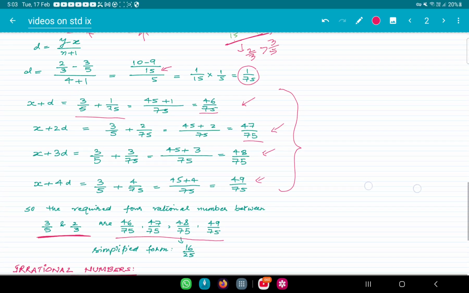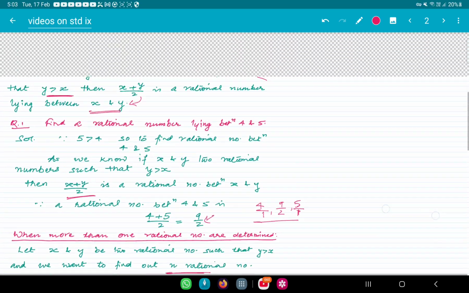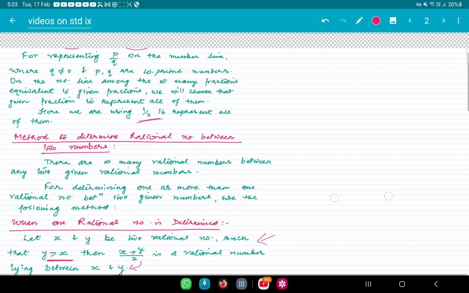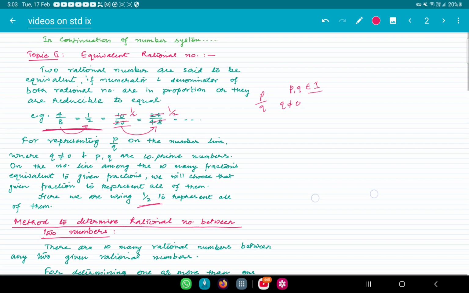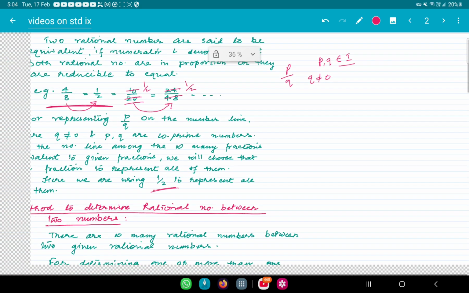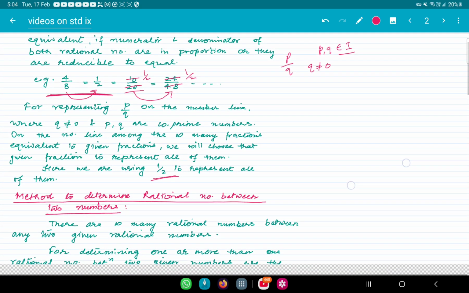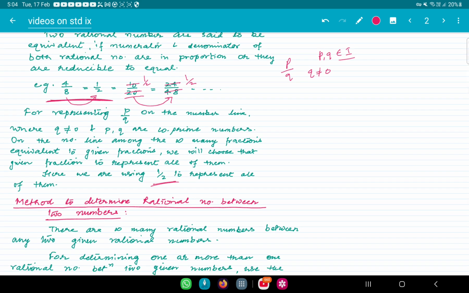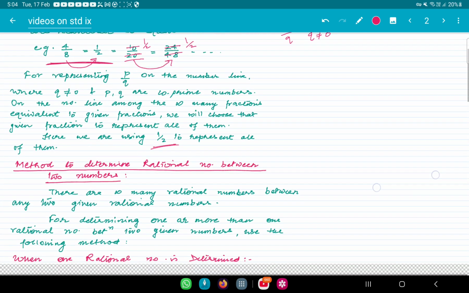Now we are taking a quick review of what we did in this video. Equivalent rational numbers can be represented if the numerator and denominator of both rational numbers are in proportion. So whatever numbers they give you, first simplify them, then you will see whether they are equivalent rational numbers or not.